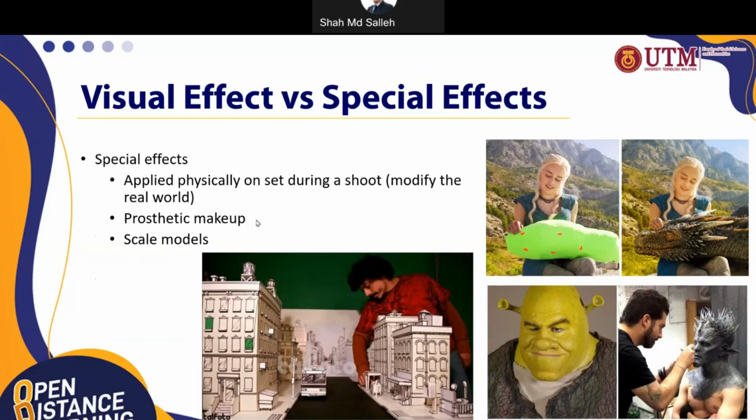Okay, so applied physically, for example, this dragon. While shooting, they are using a green chroma key, which is this green object, and then in the editing process, they replace it with this dragon. Okay, this is using makeup, and this is using a scale model or miniatures.